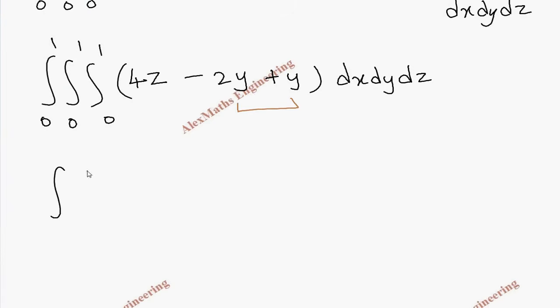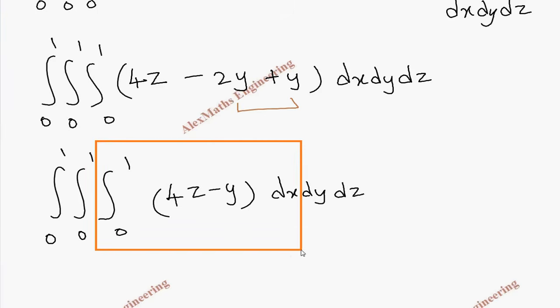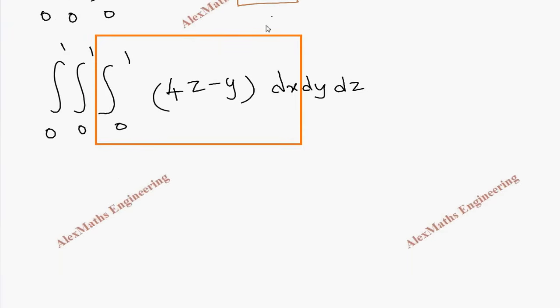We can combine these two terms. So triple integral 0 to 1, 0 to 1, 0 to 1, 4z minus y with respect to x, then y, then z. First, let's do the integration with respect to x. It means y and z are constants, so everything is a constant here, and integral of dx is x alone, and the limit is from 0 to 1.